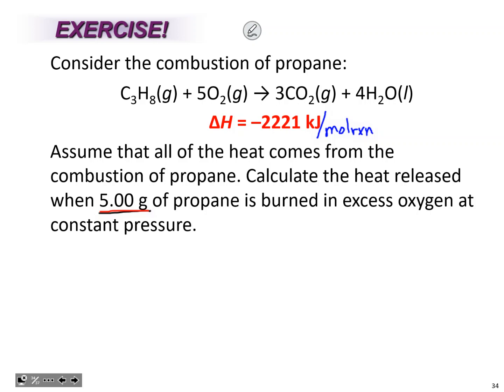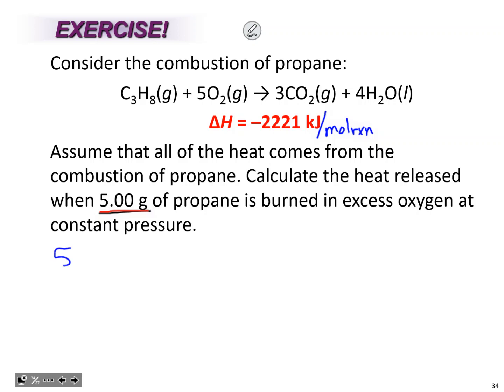Per mole of reaction means you need 1 mole of propane, you need 5 moles of oxygen. That means you're going to produce 3 moles of carbon dioxide and 4 moles of the water. So you use the mole ratio of the balanced equation for this type of problem.